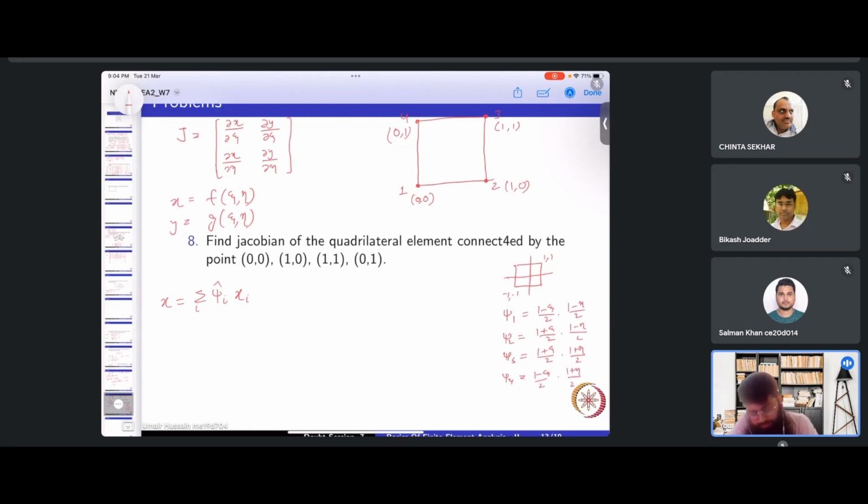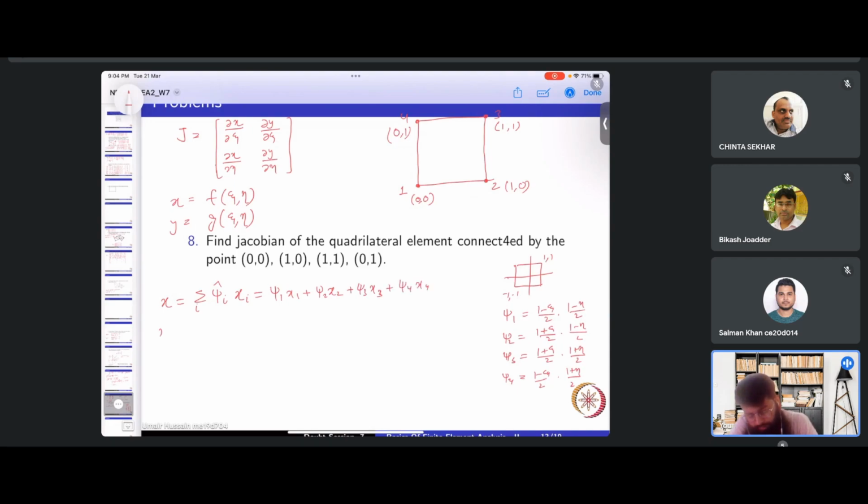Just verify this once. So we have x equals psi 1 x1 plus psi 2 x2 plus psi 3 x3 plus psi 4 x4.